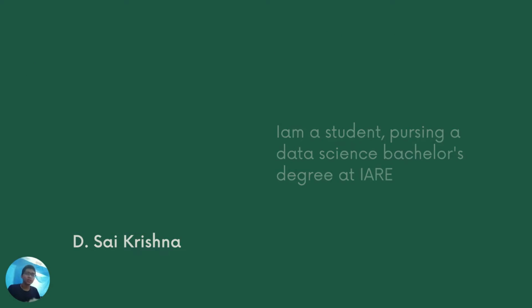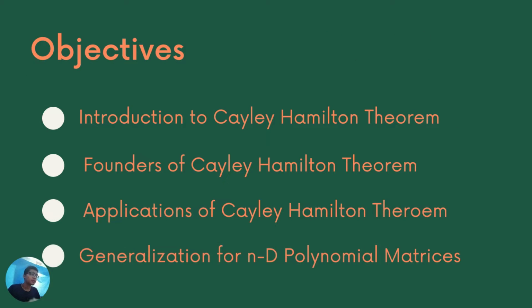Now let's move on to objectives of today's presentation. The first objective is introduction to Cayley Hamilton theorem. First, we will learn what is Cayley Hamilton theorem and what is its formula. Next, we will know the founders of Cayley Hamilton theorem, since we need to respect the people who discovered this theorem.